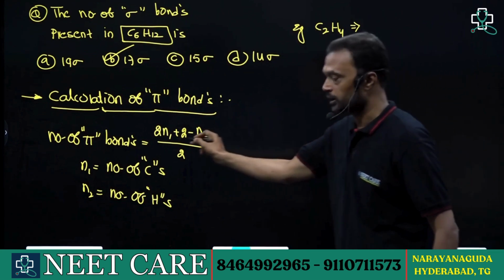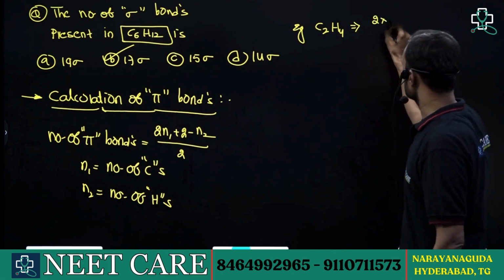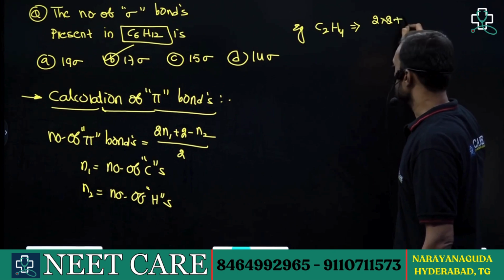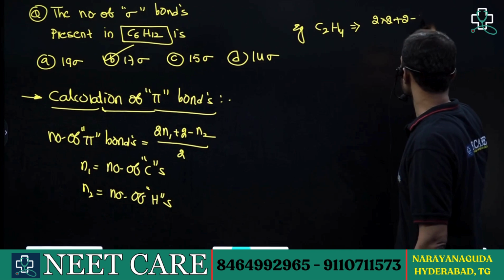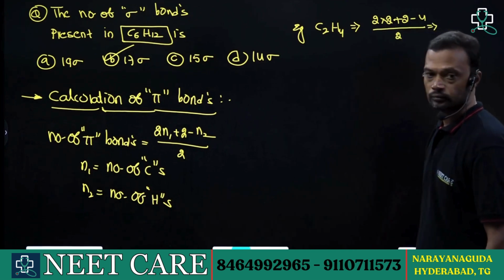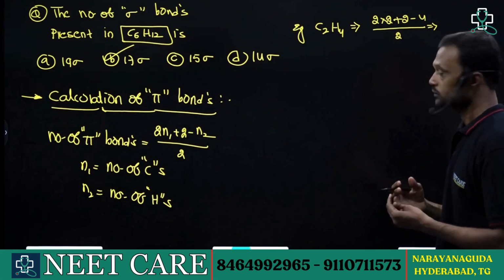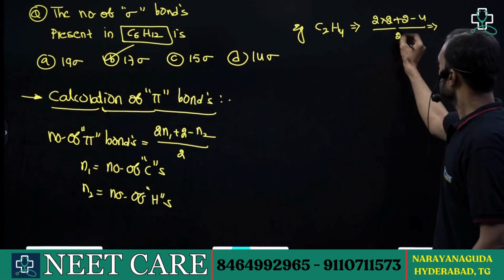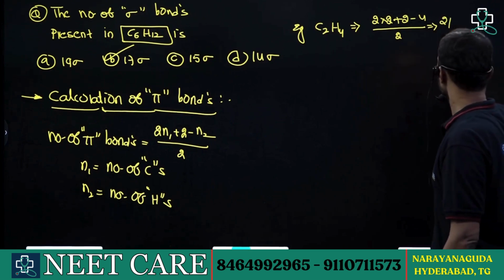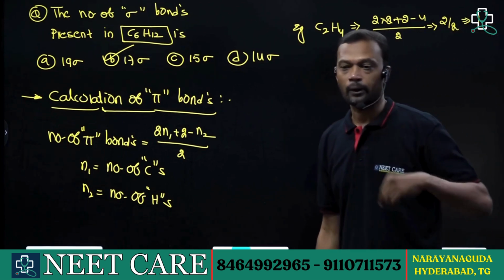So substitute in this formula. 2n1 plus 2 minus n2 by 2: 4 plus 2, 6 minus 4, 2 by 2. 2 by 2 means you will get 1. What does 1 indicate? Only one pi bond.